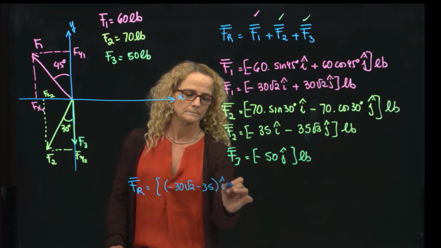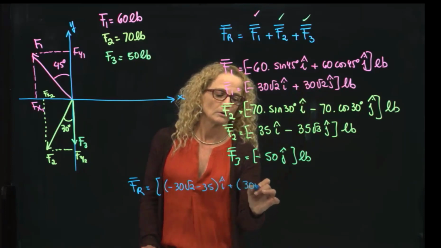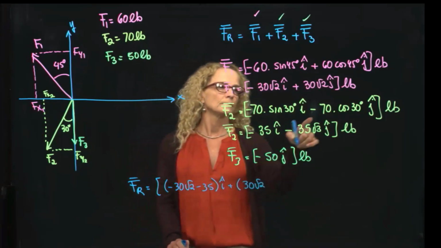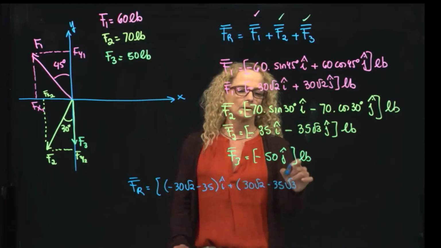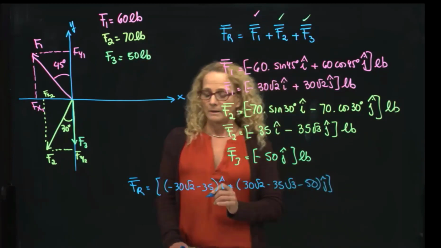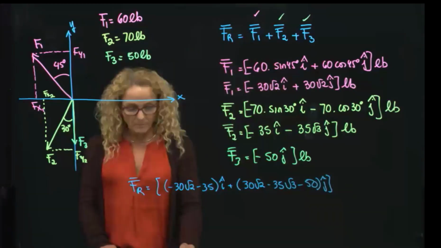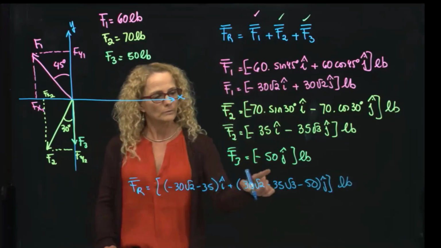And in the j direction, I have 30 square root of 2, negative 35 square root of 3, and negative 50 in j. And I add all these components, right? So I add these terms and I add this term.